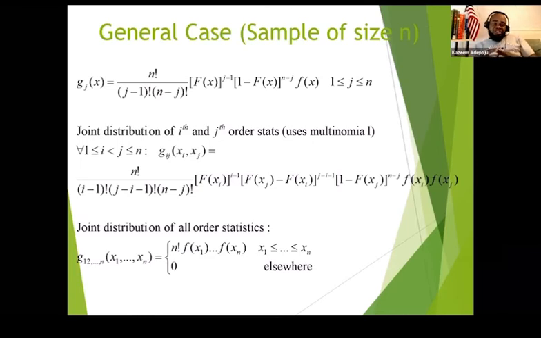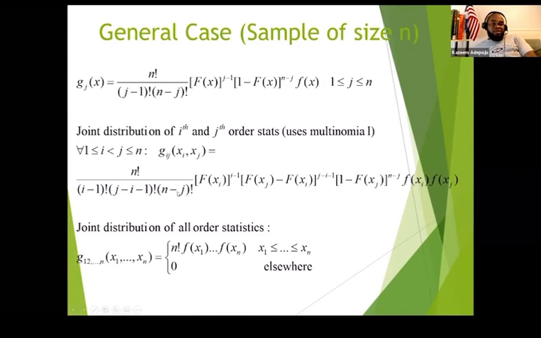The joint distribution of the ordered statistics, but this formula right here represents the probability distribution of an ordered variable xj, which lies between the minimum and maximum. This is the probability distribution of that. And this one is the probability distribution of the two ordered random variables that are between the minimum and the maximum, and this is the joint probability for them.